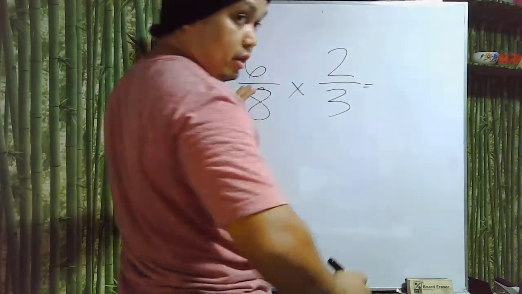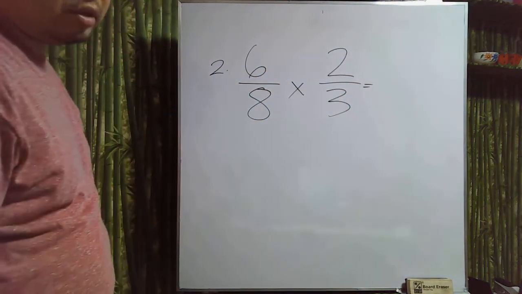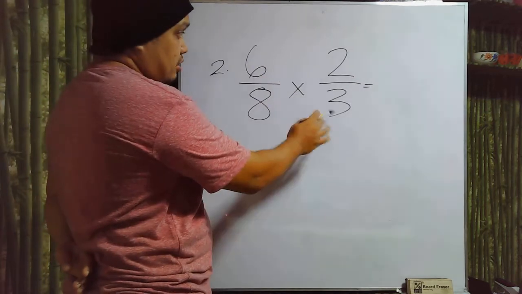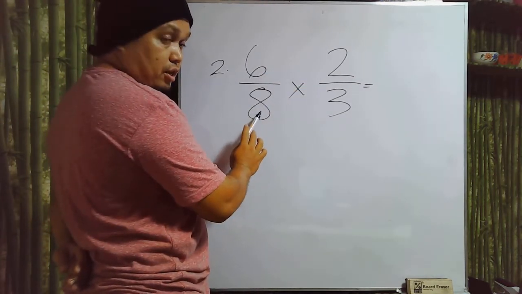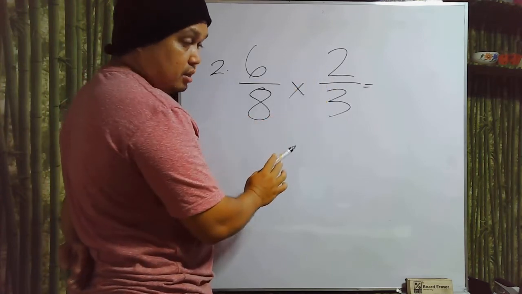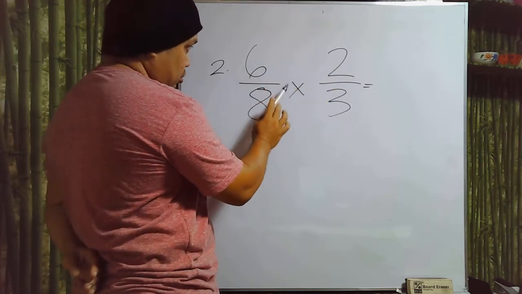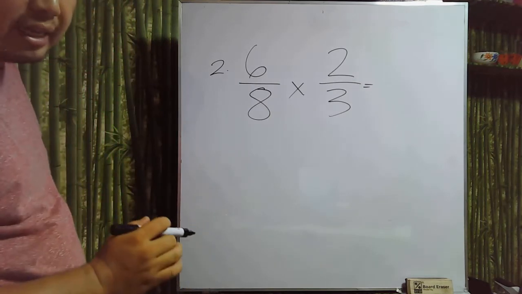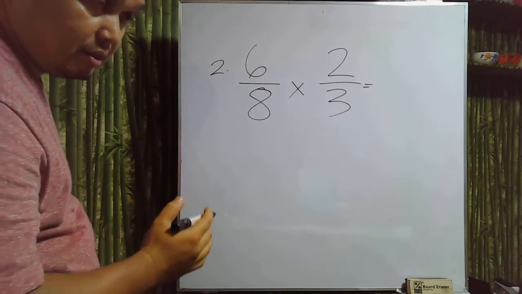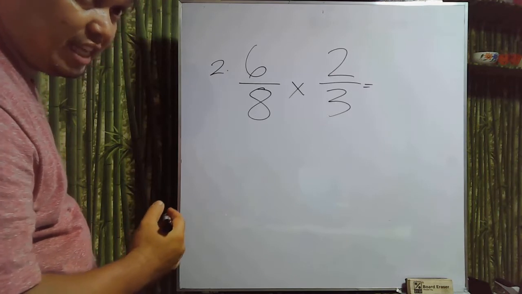Now, multiplying fraction using cancellation method, just divide their cross. Okay, denominator here to numerator here, numerator here to denominator here. Okay, but make sure that we can divide them. They are divisible with each other.